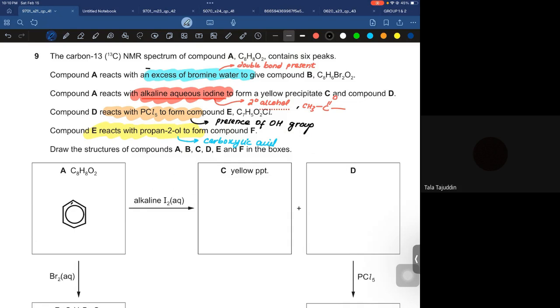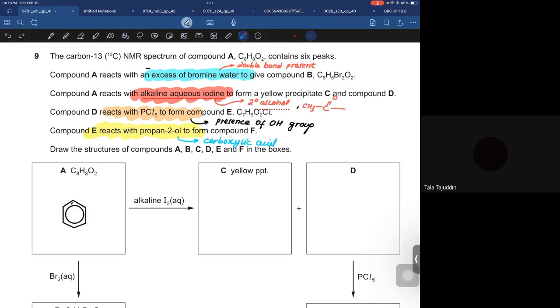Now, how many carbon atoms are left? 8 minus 6 is 2. So two carbon atoms are left. And I know that it has an OH group. Remember why? Because it's going to react with PCl5. But that is for compound D, for compound E. So we have to take care of it.